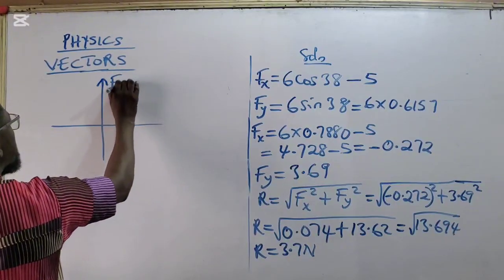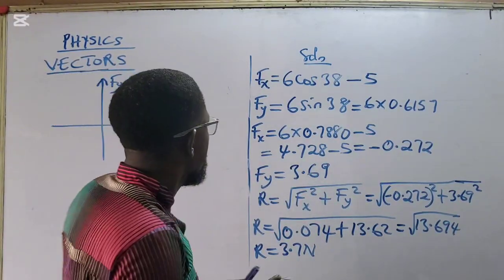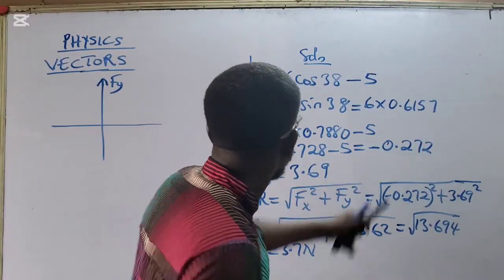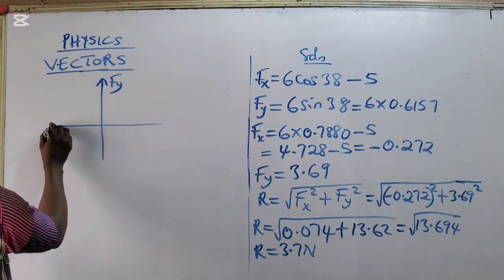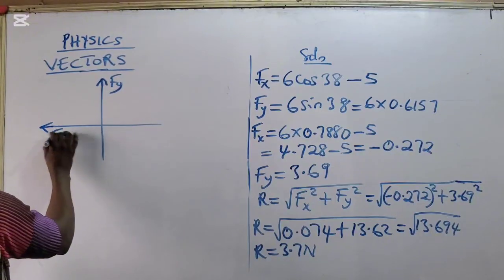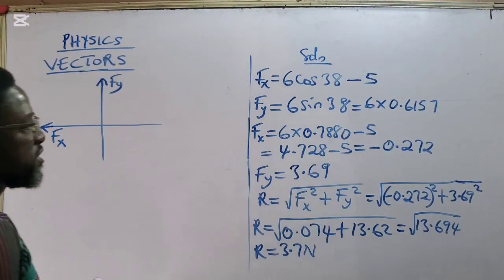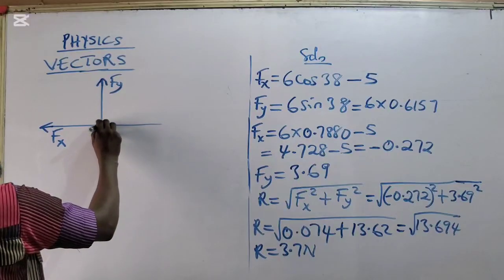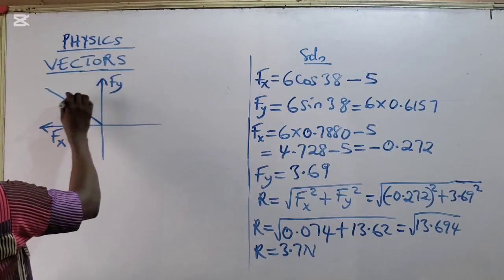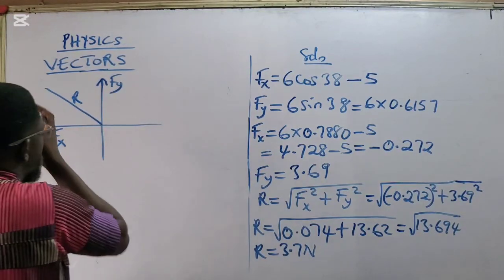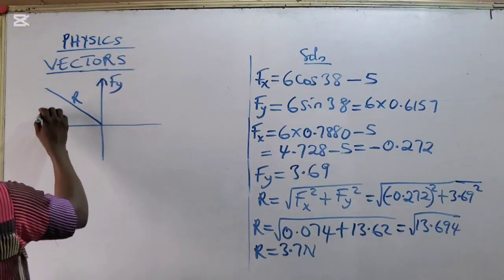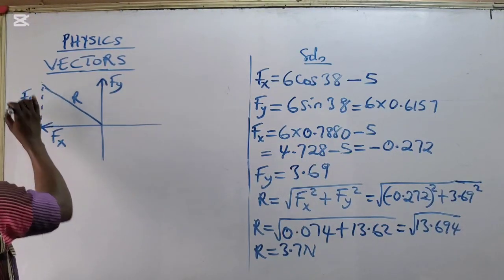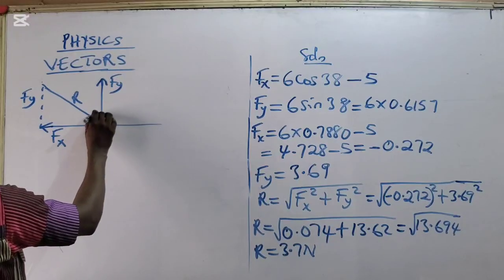Then Fx is negative, so I have Fx this way, because it's negative, it's going to be on this part. So the resultant is this one. I got Fy, and I'm looking for this one now.